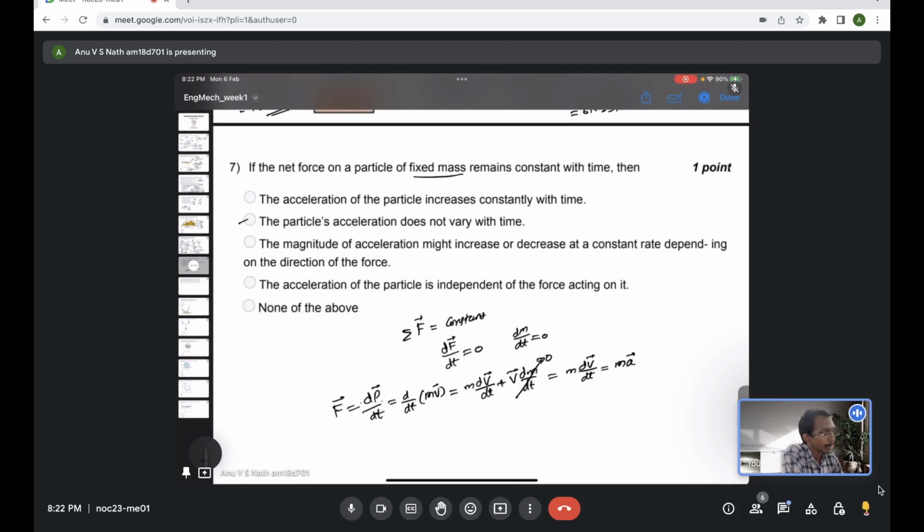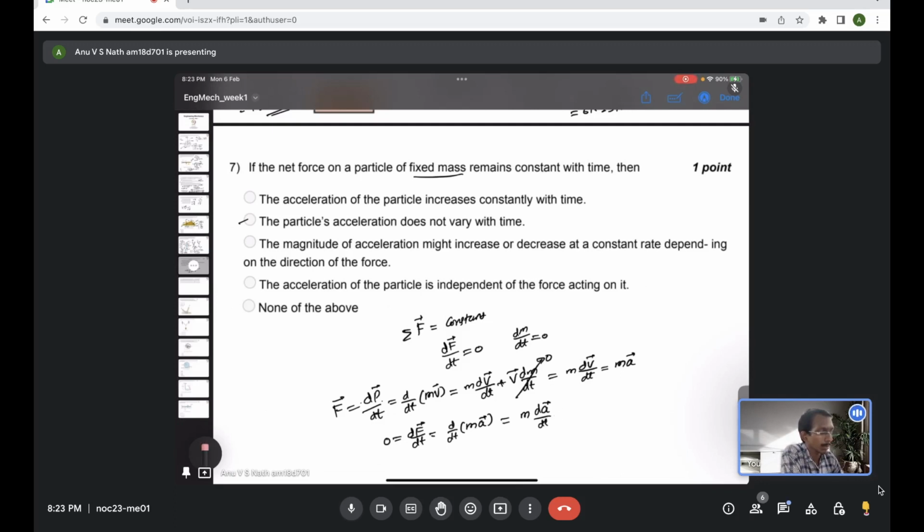Now given that dF by dt is 0, it means that d by dt of mass times acceleration is 0. We don't need to expand here because mass is already a constant, so we can take the m outside because it's independent of time.